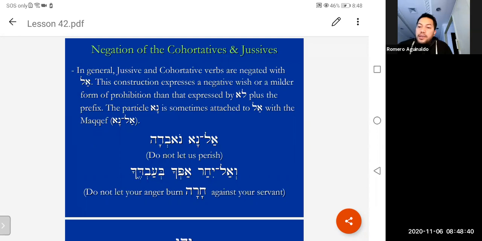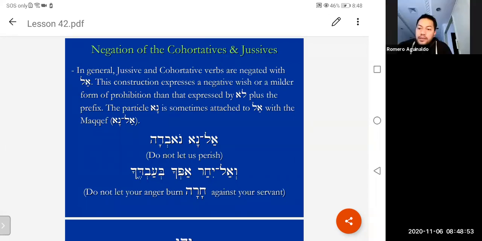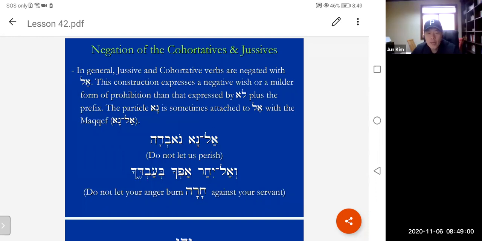The particle na is sometimes attached to al with the cohortative. Al alna. Alna, let us not perish.